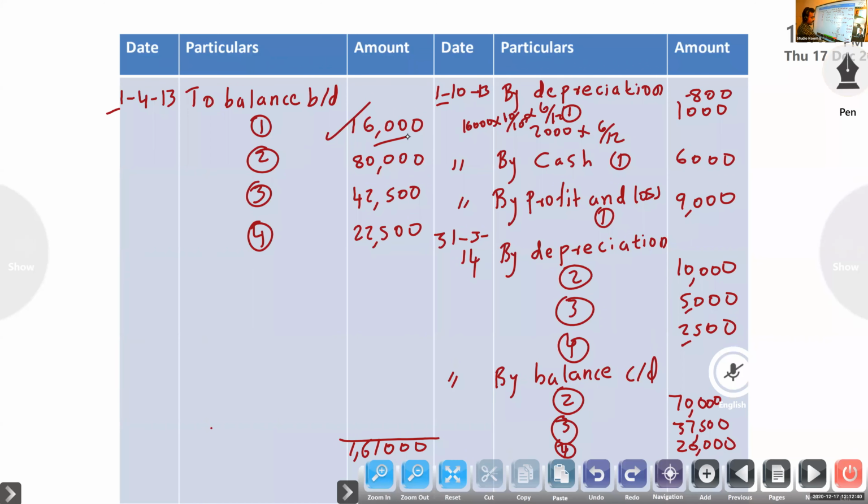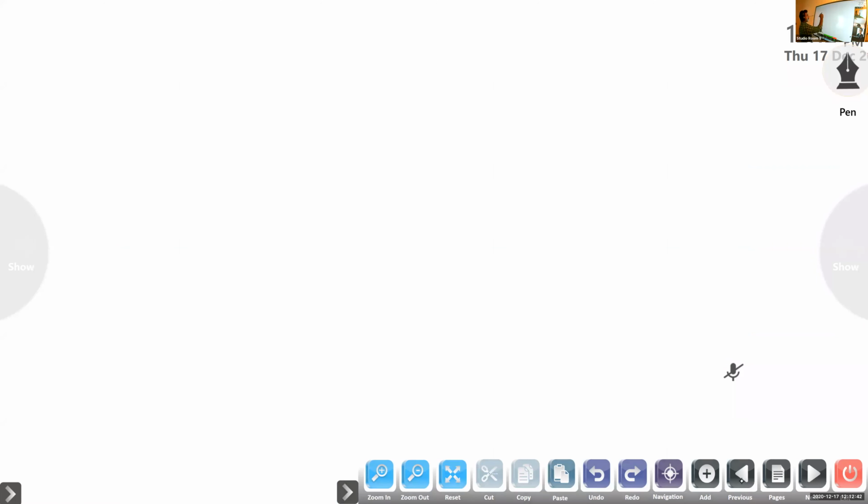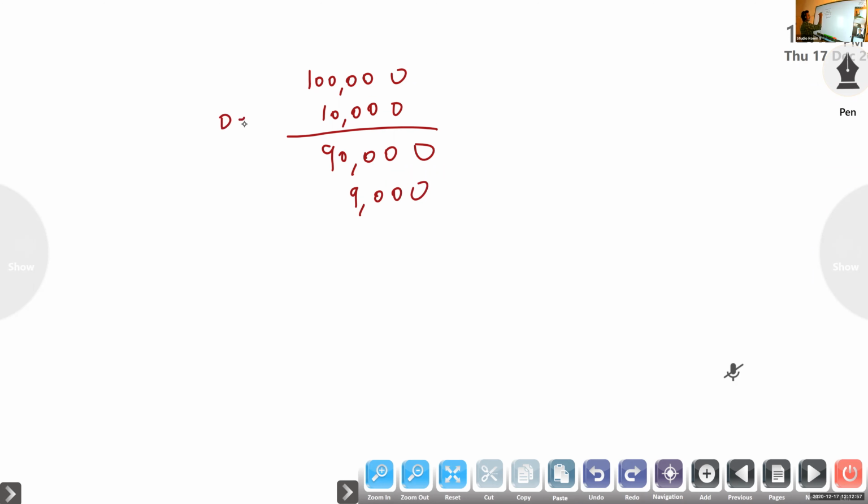Now you have got the idea. Suppose 1 lakh. First year depreciation is 10,000. Next year the balance b/d is 90,000, so next year depreciation is 9,000.